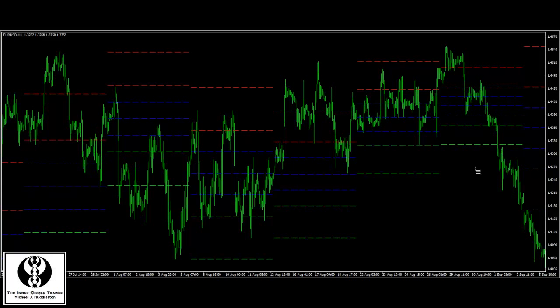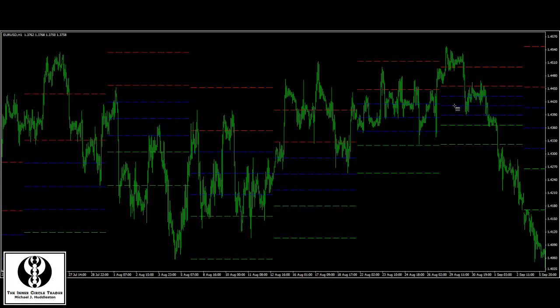Now here's what I wanted to show you. This is real brief. I'm not going to go into great detail with it, but this is how you use the matrix. You have the upper and lowest regions here. These two levels are very crucial in a lot of my analysis, simply because this gives you the previous week's high and low.